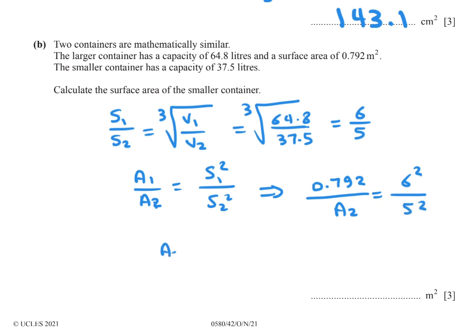So the area of the small container is 5 squared times 0.792 over 6 squared, which equals 0.55.